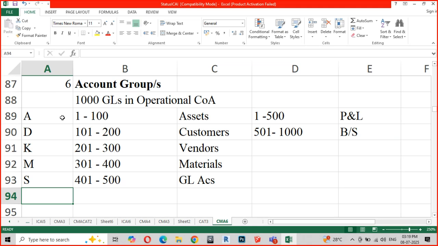Where you see all this, please hold on. As of now, you should know that there is a concept called account groups, and within the account groups, you have something called account types. ADKMS. You also have V, which is basically for your contract accounts.